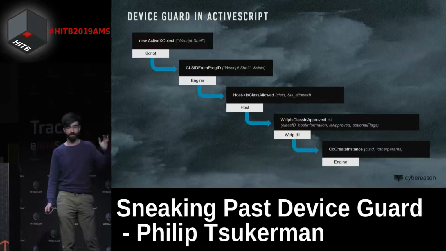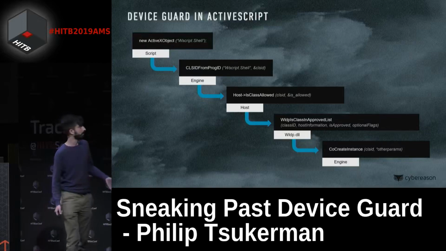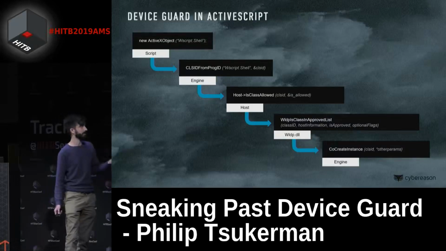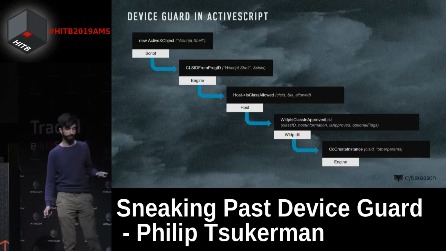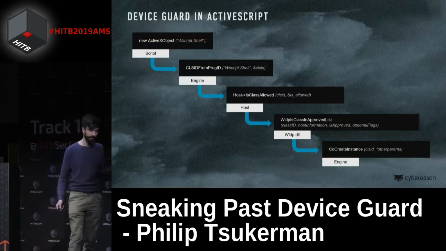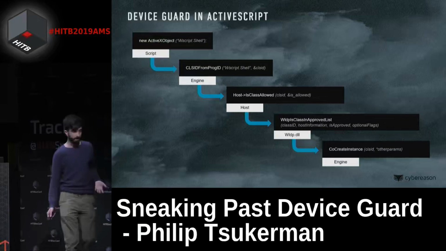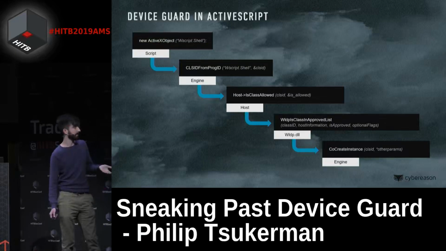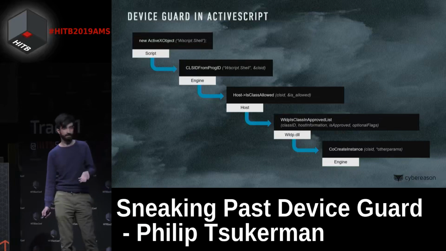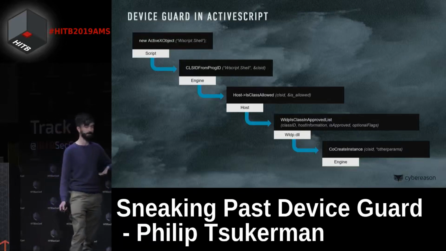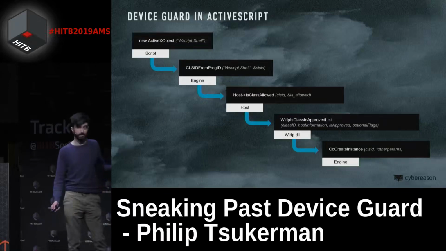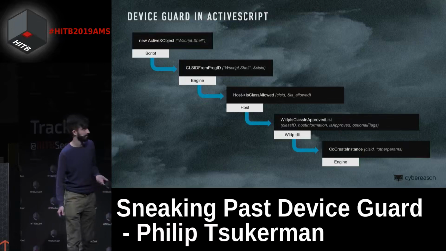Of course, if you have a trusted script, this check simply does not happen and everything can be created. But we have this IsClassAllowed function, which checks against a hard-coded list in a library called wldp.dll, Windows Lockdown Policy. If everything succeeds, the scripting engine uses CoCreateInstance to create an instance of our COM object. If it doesn't work, you simply throw an exception.